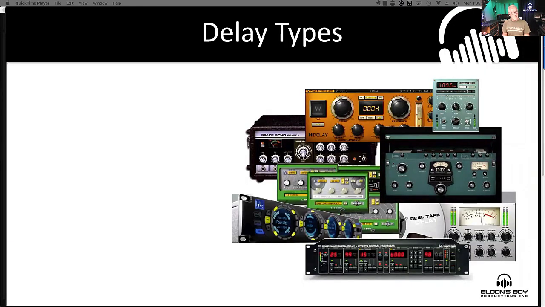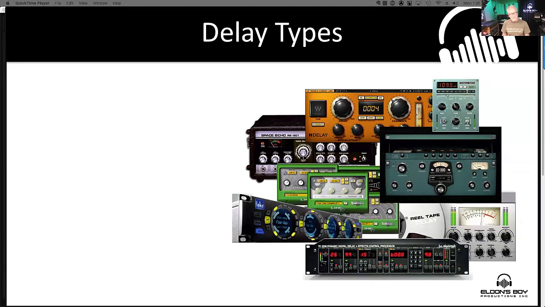All right, here we go. So let's start off. We're going to talk really broad for a little bit, and then we'll get down in the weeds with it. So let's talk about some delay types. And, not for nothing, in digital consoles, we have more delay options than we ever dreamt possible. We can do so many things with delays because we have so many of them available on the console now.